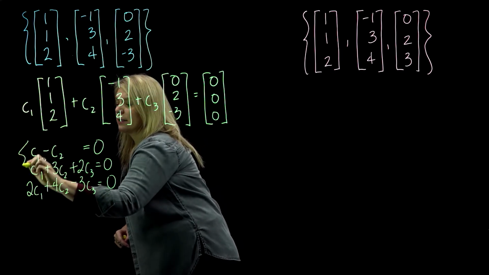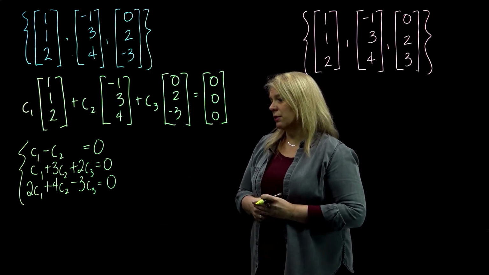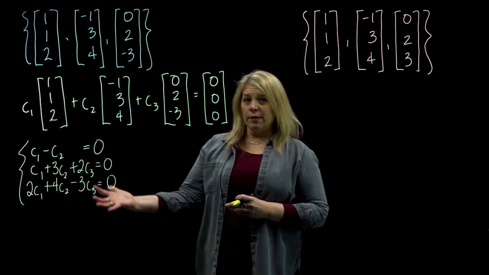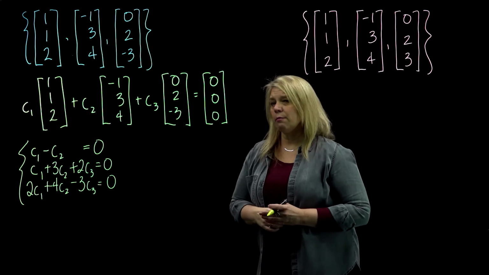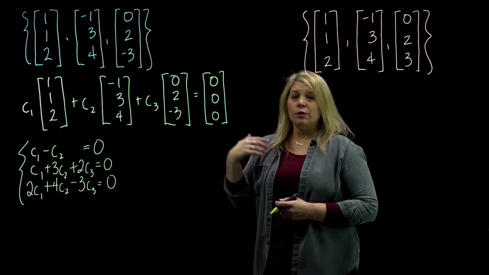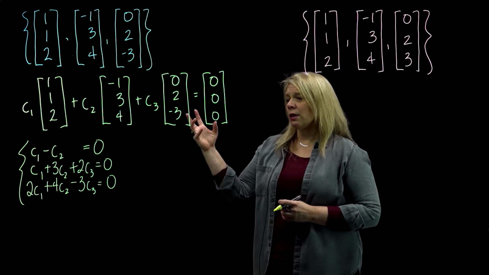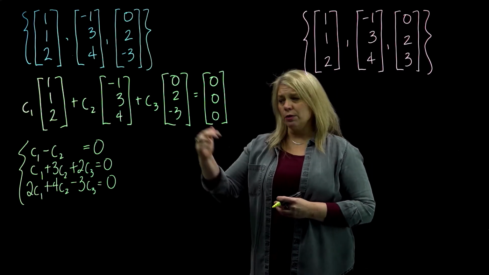So here I have a system of equations with unknowns C1, C2, C3. I need to solve this system by hand, using elimination or substitution or whatever method you want, or you could put it into a calculator and use the reduced row echelon form of the matrix to help you solve this system.